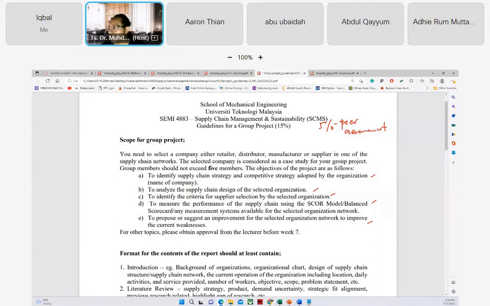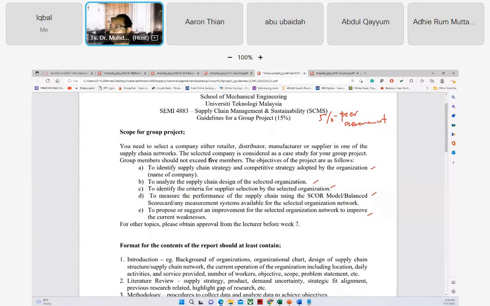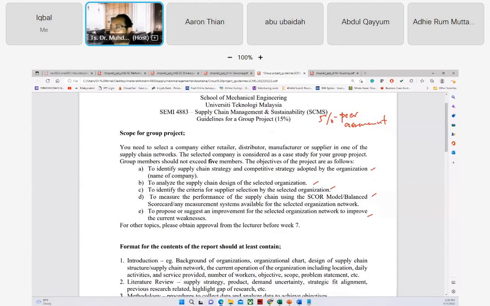And then what else? Okay, D, to measure the performance of the supply chain using the SCOR model or balanced scorecard or any measurement system available for the selected organization network. So I'm going to share one of it later. I think if I manage to finish the supply chain drivers, then I will show you one example of a SCOR model.